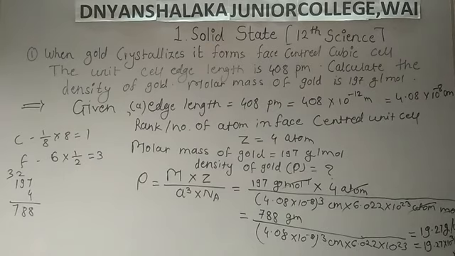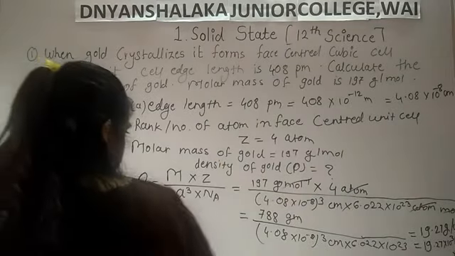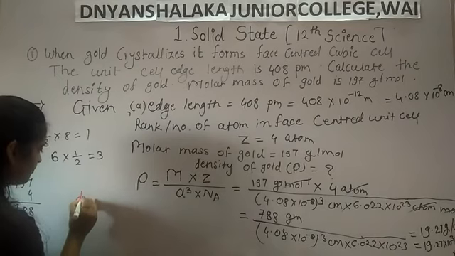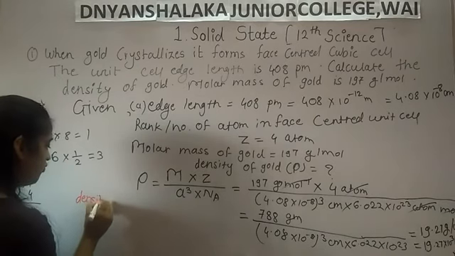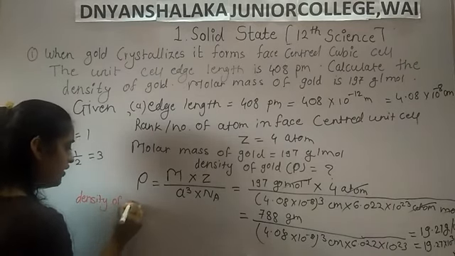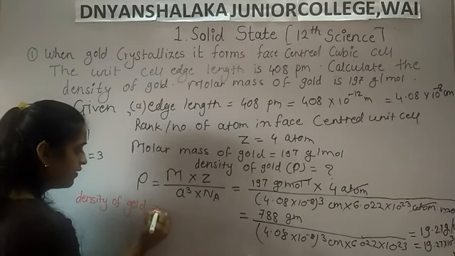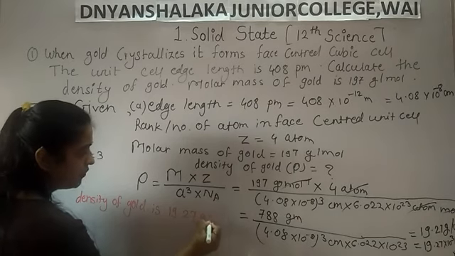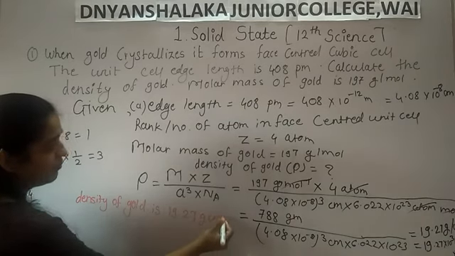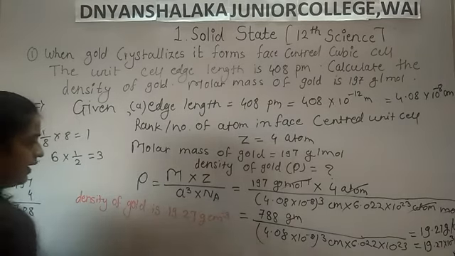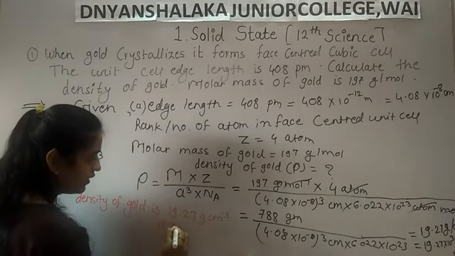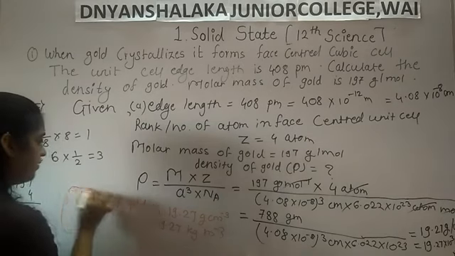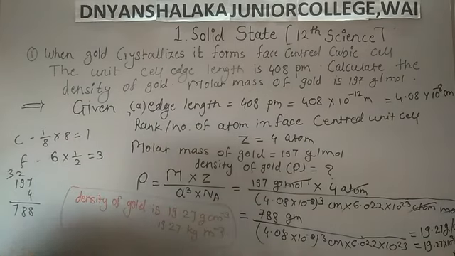So this is our final answer: the density of gold is 19.27 gram per centimeter cube, and in kilogram, 19.27 into 10 raised to 3 kilogram per meter cube. This is the density of gold.